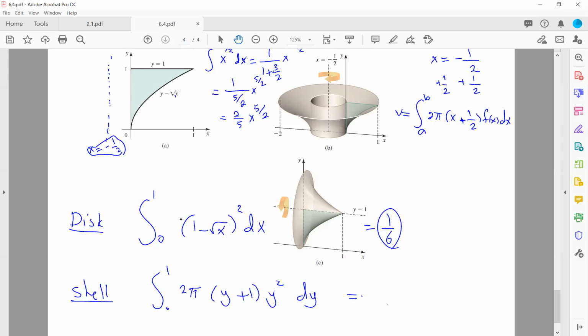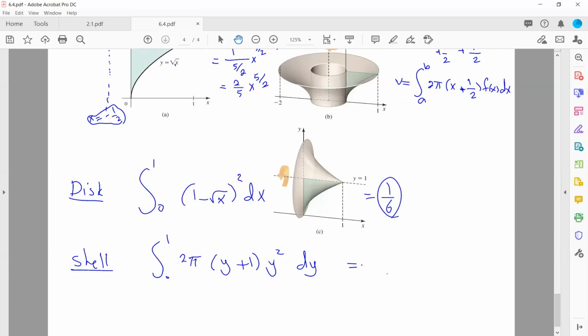Which method to use here? 7 pi over 6. Okay.